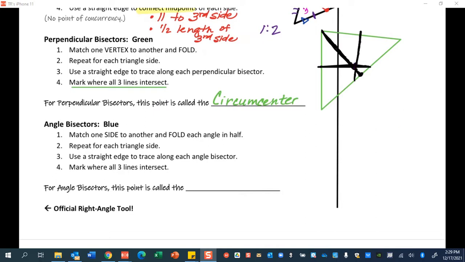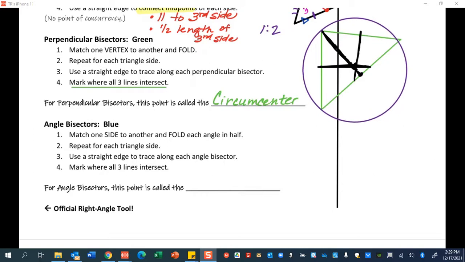We'll try again. That circumcenter actually represents the exact middle point of the circle that connects each of the vertices of the triangle.